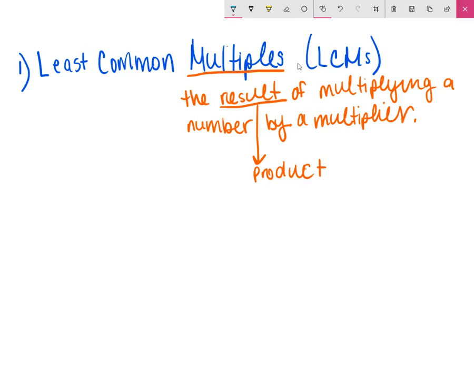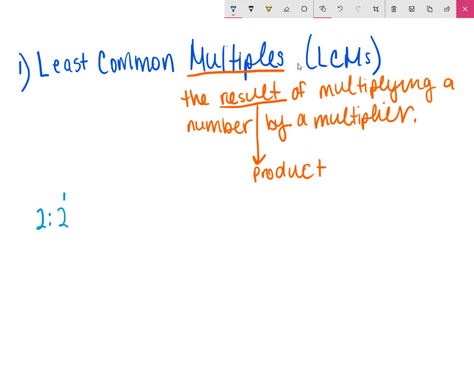So in order to find multiples of a number, we can choose a number, which I'm going to use 2, right? And if a multiple is the result of multiplying a number by a multiplier, then we're going to use 2 as our base, as our number, and multiply it by increasing numbers, starting with 1. So multiplying 2 by 1, what do I get?